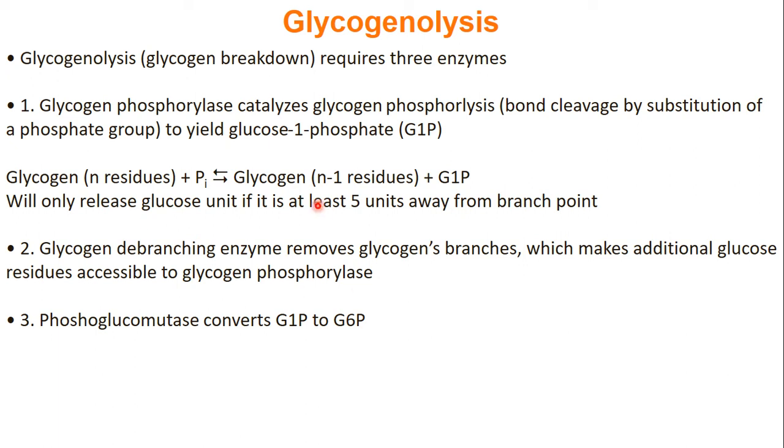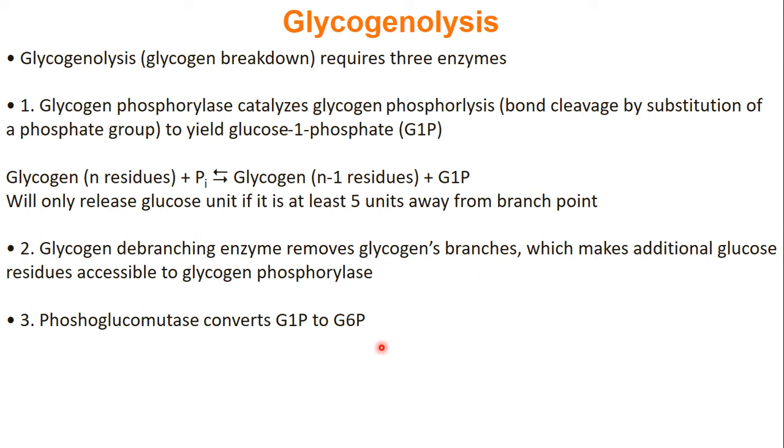So if after we chop off a branch we get down to the last 4 glucose molecules, the next enzyme that's going to be used is glycogen debranching enzyme, which will remove the branches that we cannot get to with glycogen phosphorylase, and we're just going to rearrange our branches to make these glucoses available to be chopped off.